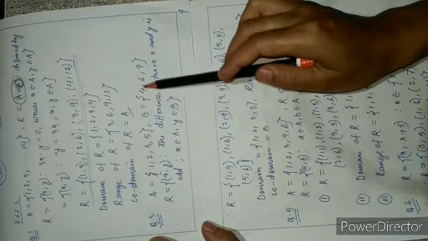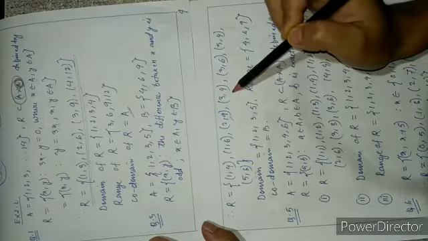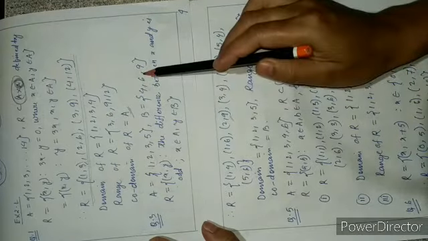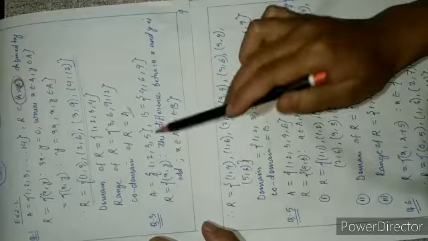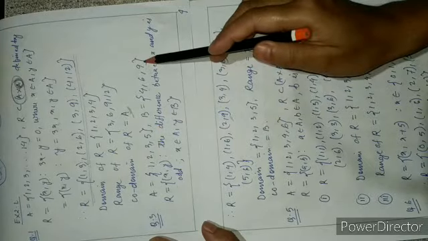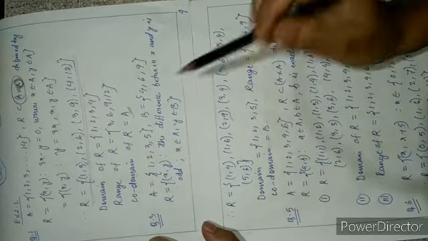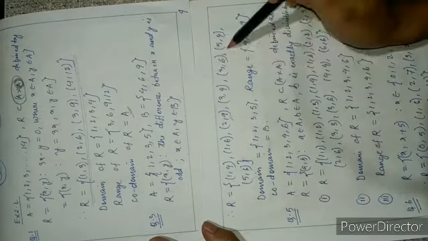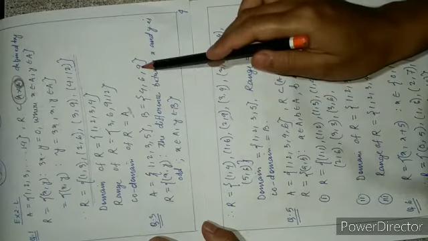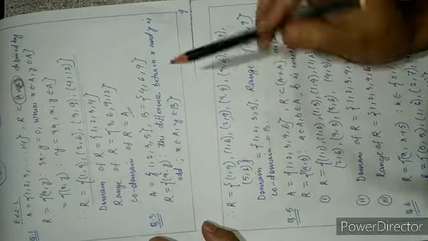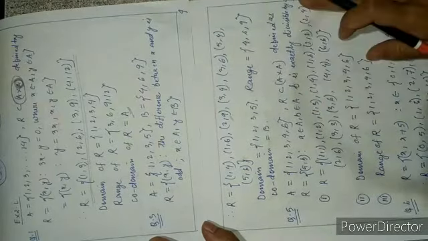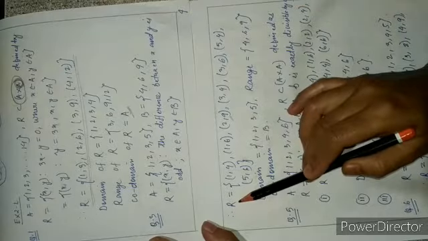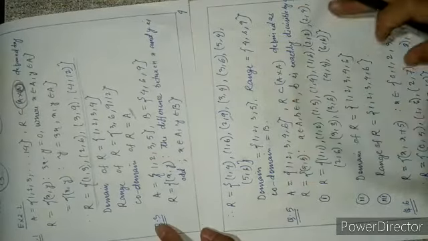Then 3, 4, since 4 minus 3 is 1, odd. 3, 6, since 6 minus 3 is 3, odd. 3, 9, since 9 minus 3 is equal to 6, even. For 5: 5, 4, since 5 minus 4 is 1, odd. 5, 6, since 6 minus 5 is 1, odd. 5, 9, since 9 minus 5 is 4, even. These are the ordered pairs belonging to this relation R.